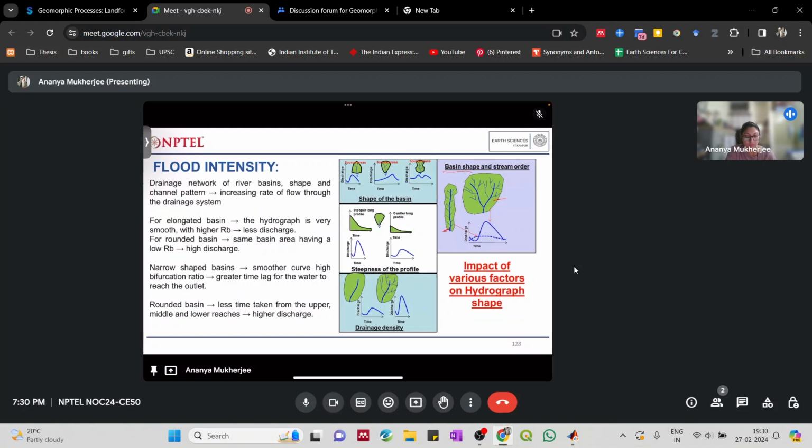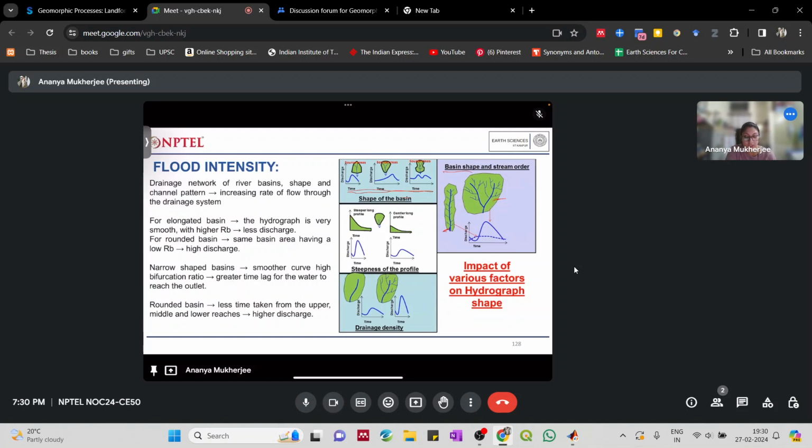Then the shape of the basin also has an effect, but as per the diagrams that we see here, it is not very significant. Okay, so it's not like the shape of the basin has a lot of control over the flood intensity that we see.